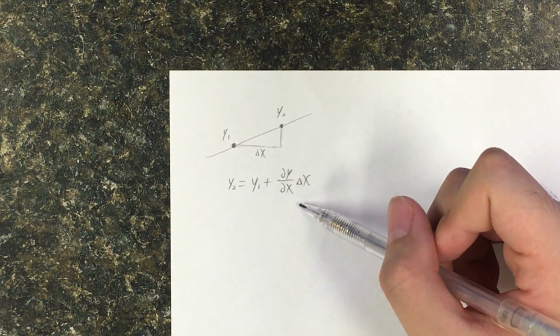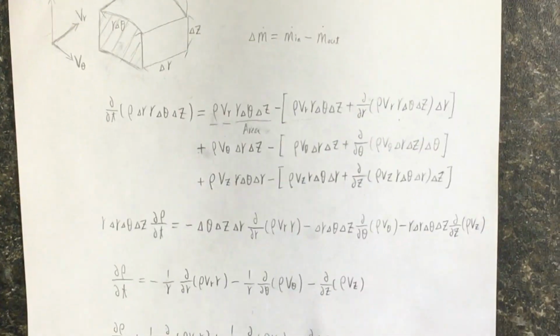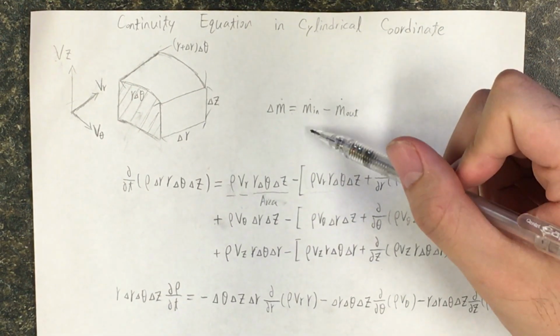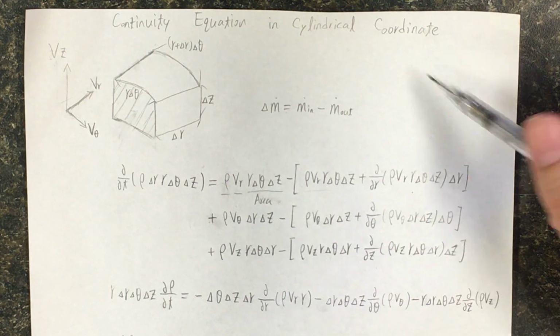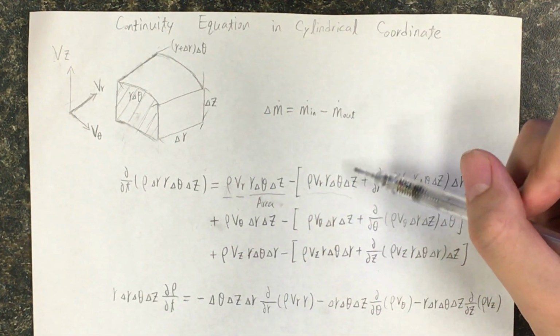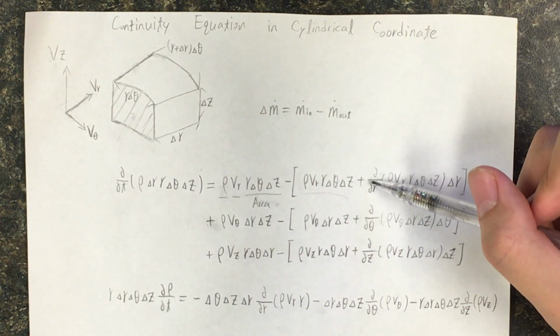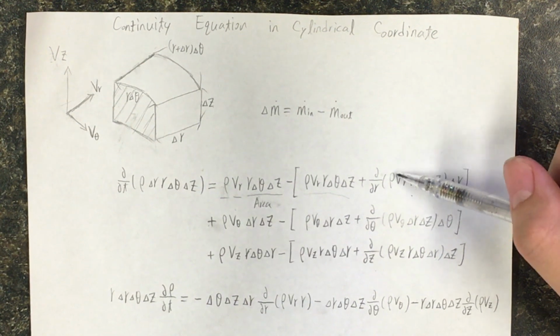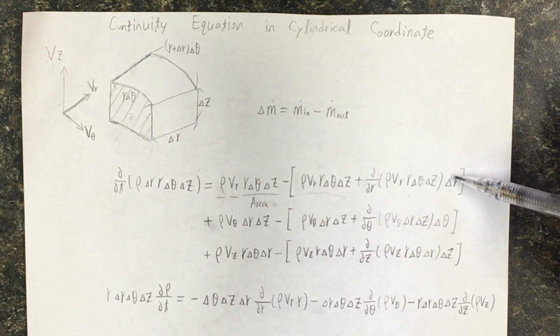And using the same concept, we can find the mass flow rate flowing out of the control volume based on the mass flow rate into the control volume, which is the same value here, plus the partial R of all the terms in the mass flow rate in, multiplied by delta R over here.